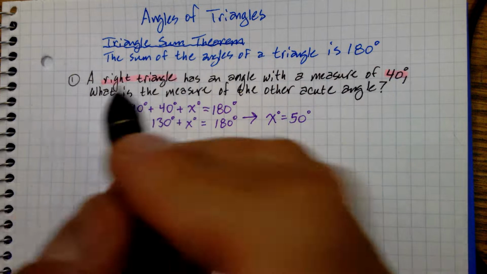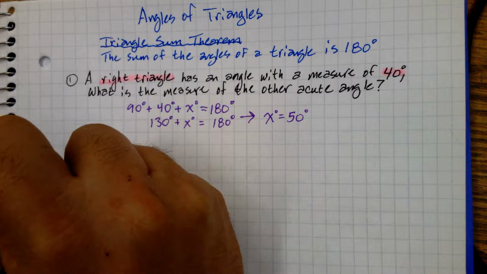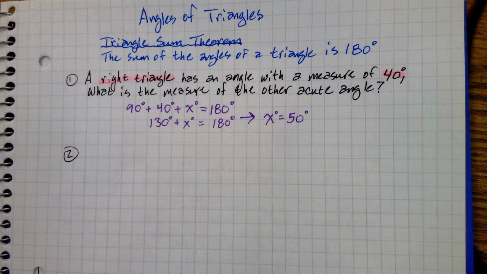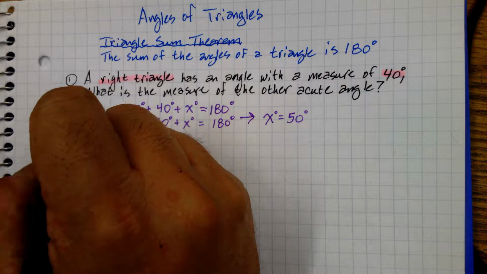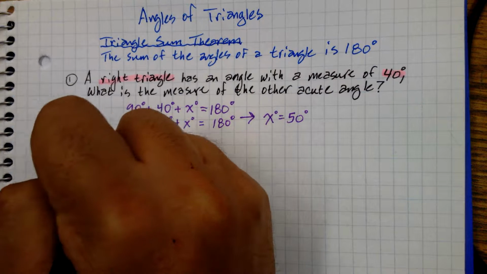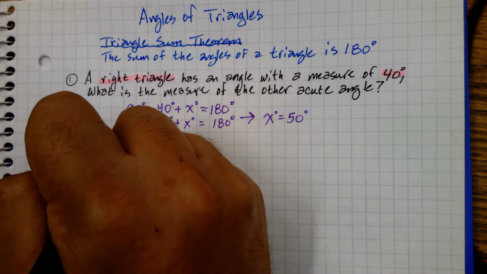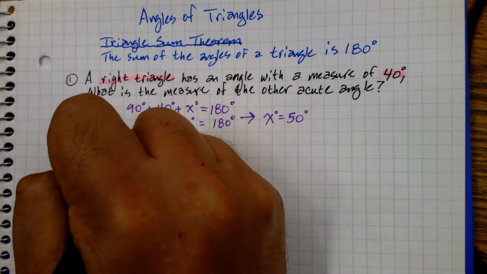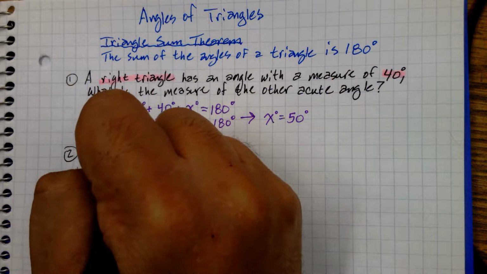Okay, number 2. This one's a little trickier. We all have to remember what an isosceles triangle is. And isosceles, I have to remember how to spell isosceles because I always put the C in the wrong place.